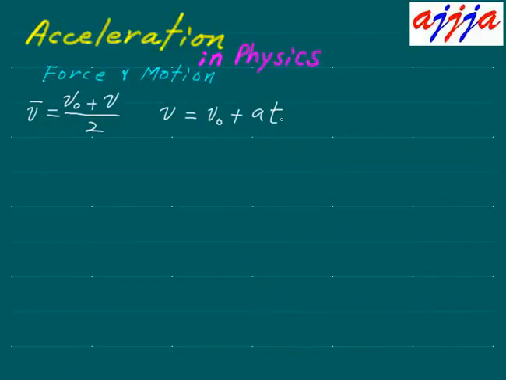Every second maybe a, so for 5 seconds, that means 5 times a. That means at, acceleration times time. You really have to understand these two. So again, initial velocity v0, then final velocity.